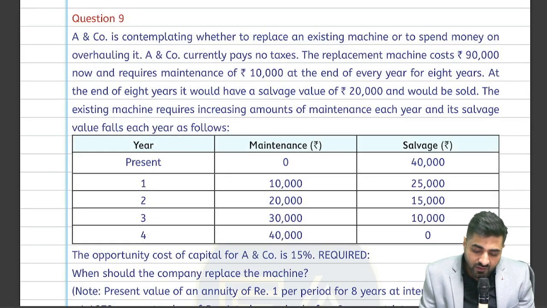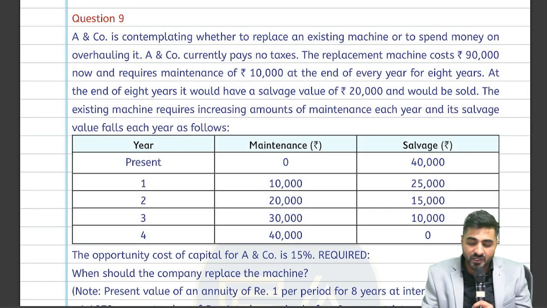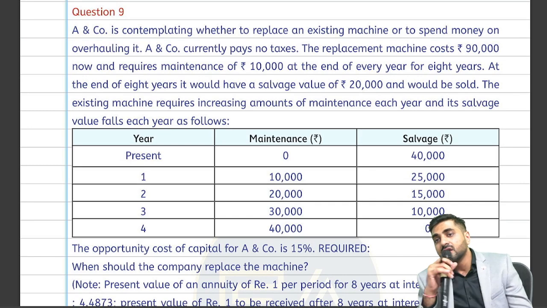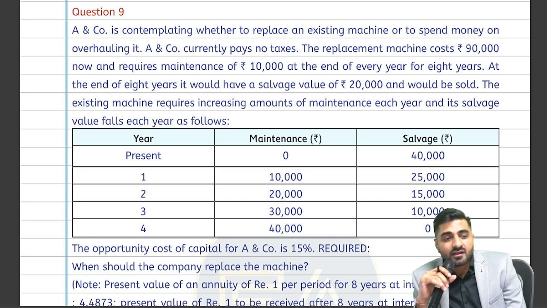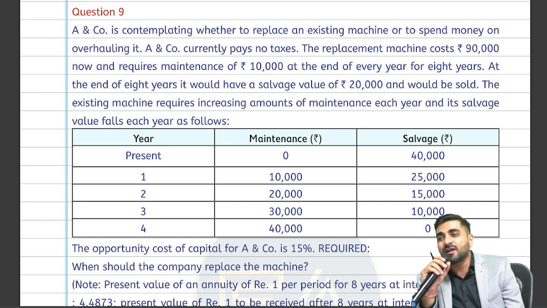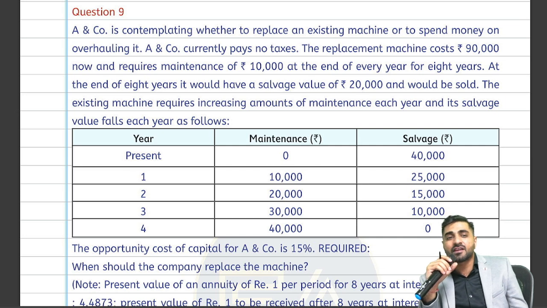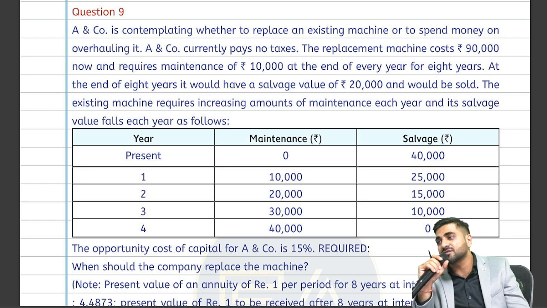Okay. Then this question is on optimum replacement time. Now, always remember that every machine has a particular time on which the replacement should be done. See, you are aware about the fact that, let's say for example, you buy a car today. Now, car can be used for 15 years also.